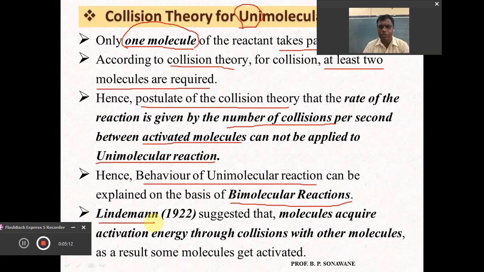So Lindemann in the year 1922 suggested that molecules acquire activation energy through collision with other molecules. As a result, some molecules get activated.